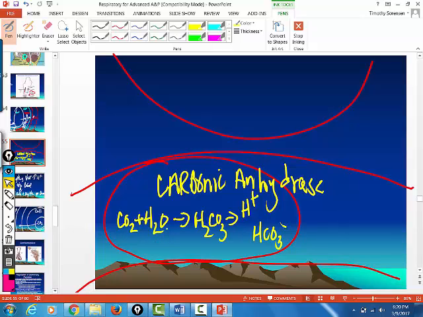That enzyme, and we learned about enzymes, that they increase the speed of chemical reactions. You also learned that enzymes can reverse chemical reactions, right? So at the lungs, what do you want to do? You want to take hydrogen and bicarbonate, combine it to carbonic acid, and break it down to CO2 and water. Tell me you got that. But if you do this in the lungs, when you're at altitude, you will be getting rid of more CO2. You don't want to do that.